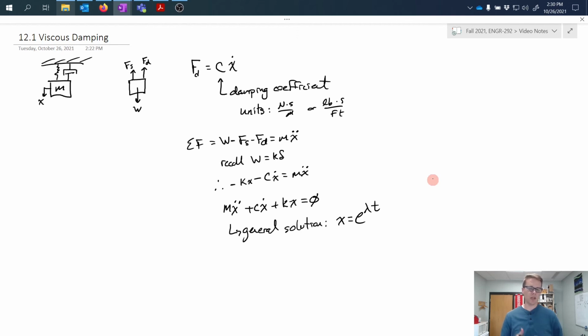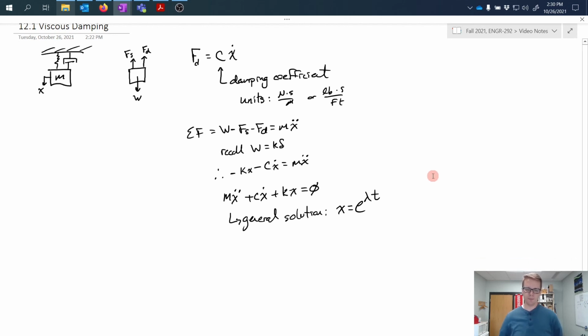Now e is just the exponential function, and therefore we have this equation for x.